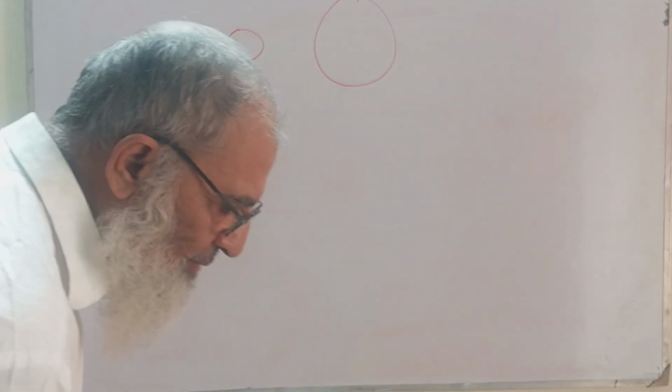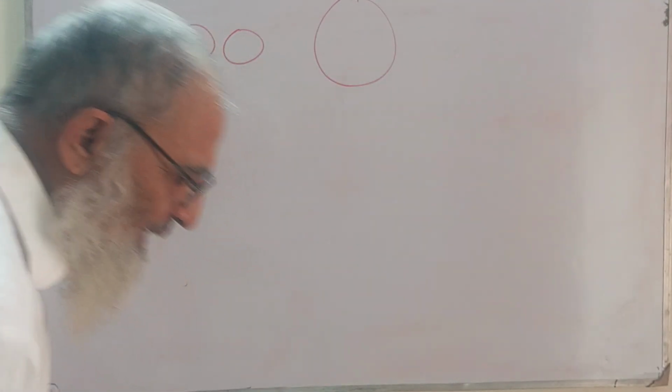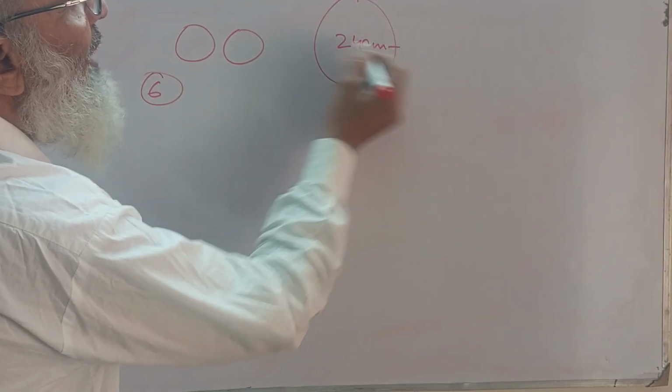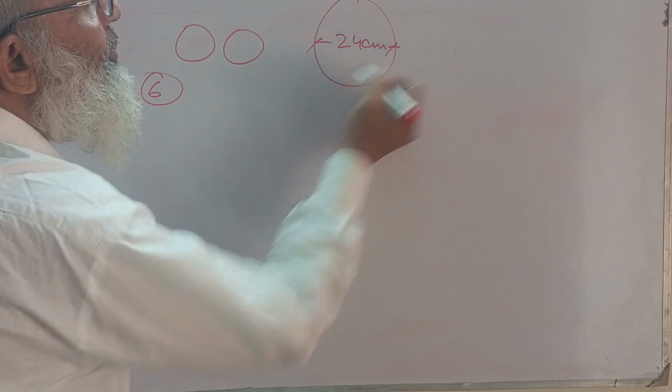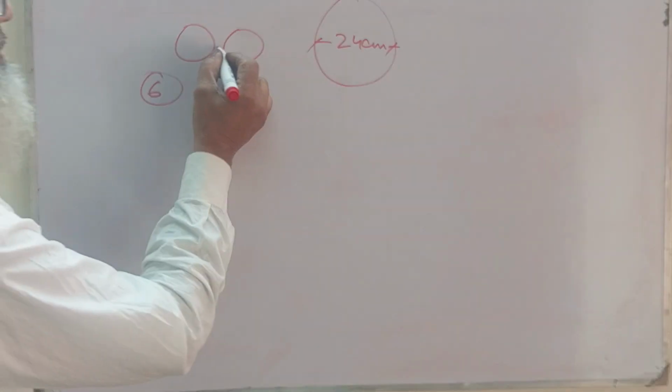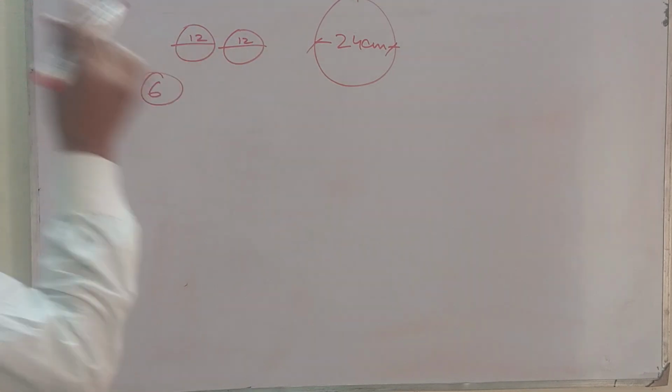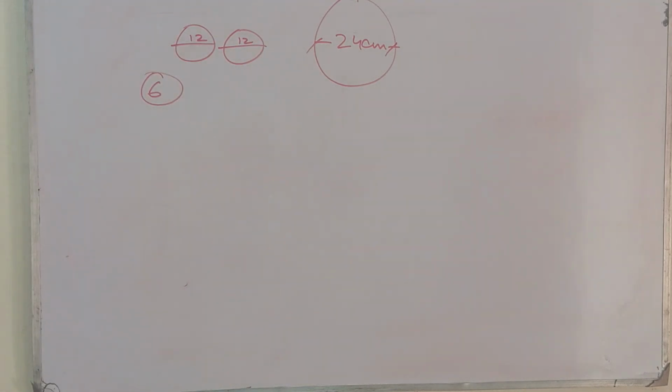Question number 6. The large pizza has a diameter of 24 centimeters. Now the diameter of this pizza is 24 centimeters and the small pizzas are 12 centimeters each. Now this is 12, this is 12. Now see whether Anna and her friend are losing something or gaining something.